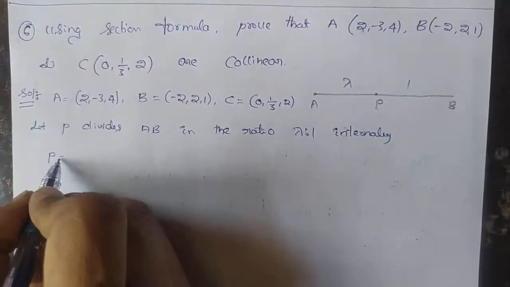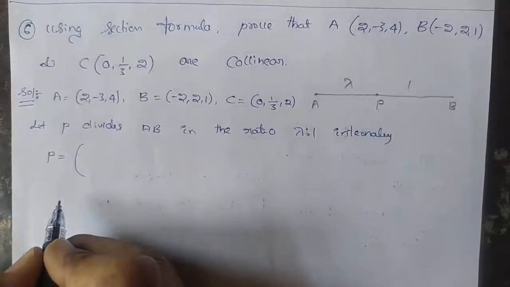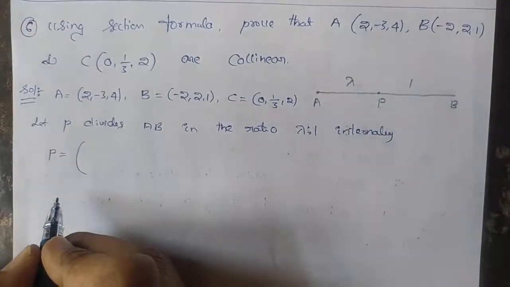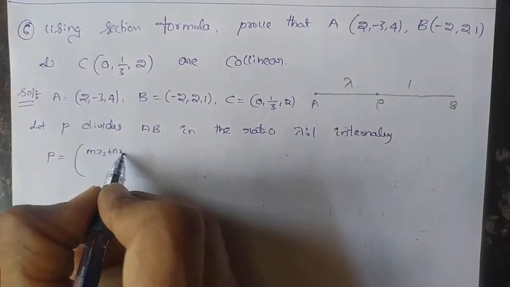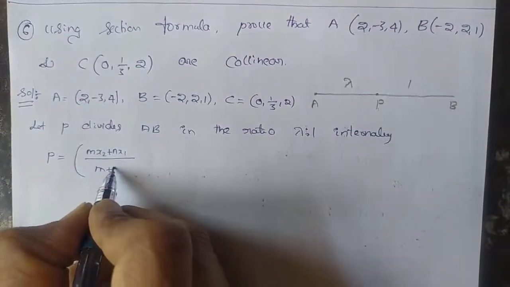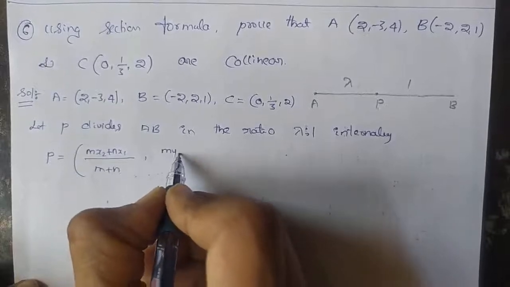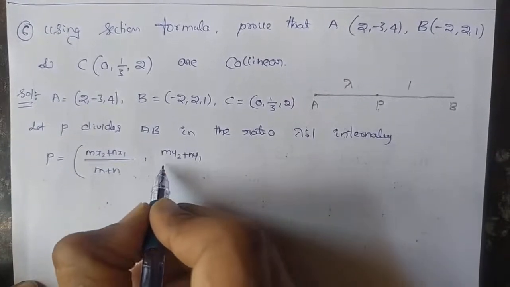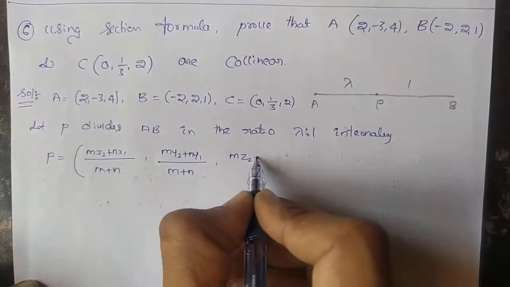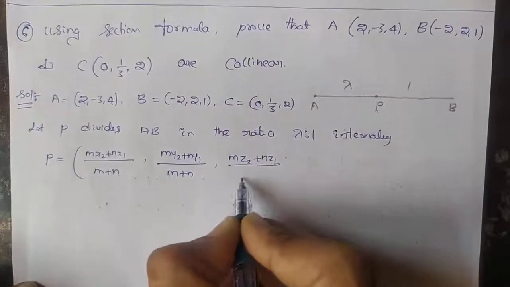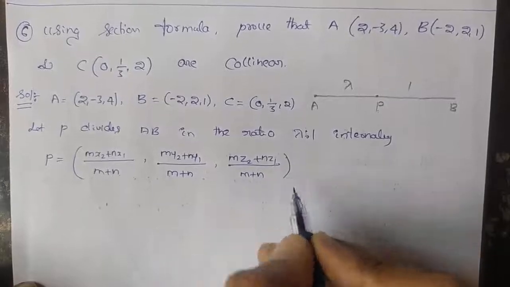So write down the formula internally. P equals (m x2 + n x1)/(m + n), (m y2 + n y1)/(m + n), (m z2 + n z1)/(m + n).